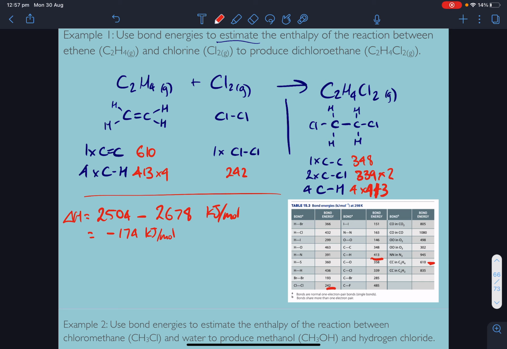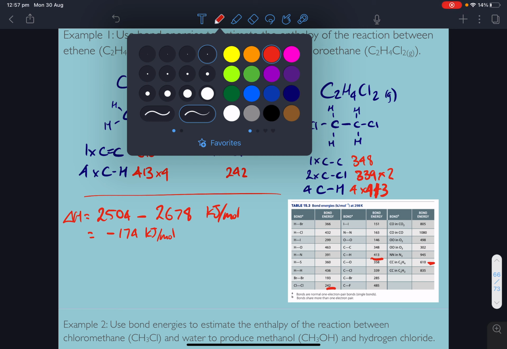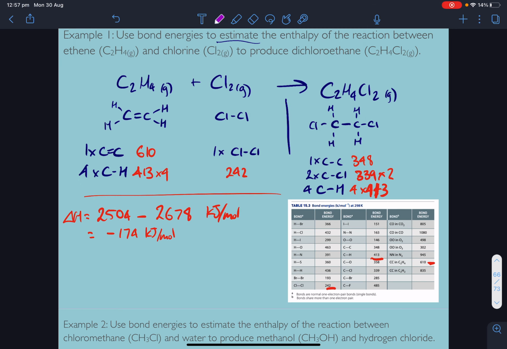Now there's something that a few people might recognize here. There's a few bonds in these molecules that didn't change. The 4 carbon-to-hydrogen bonds were there at the beginning and there at the end.